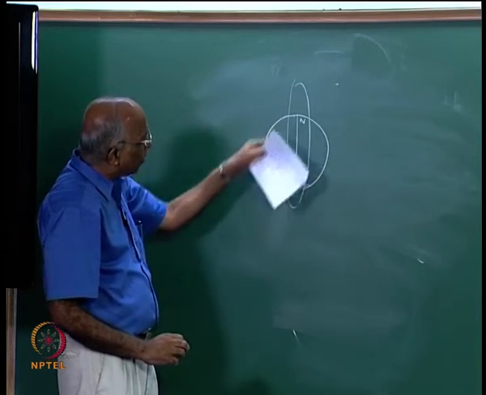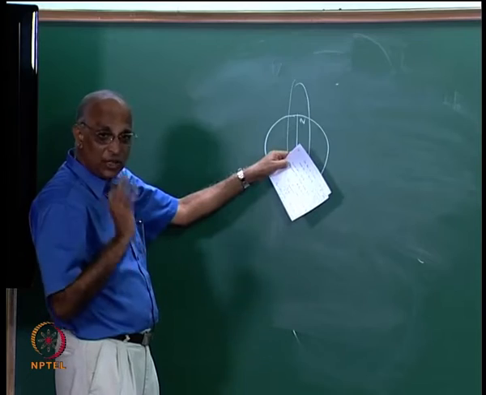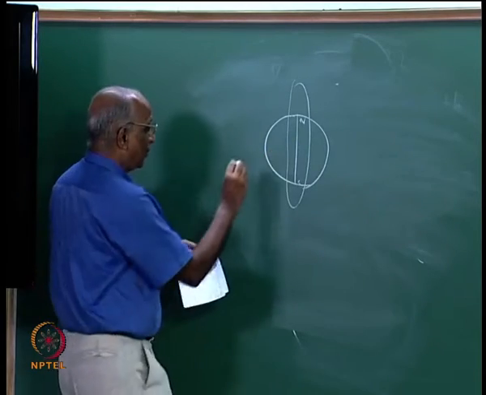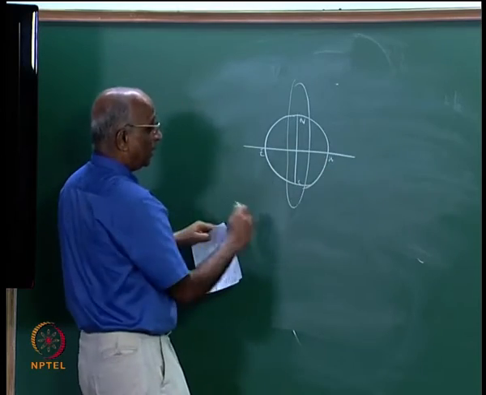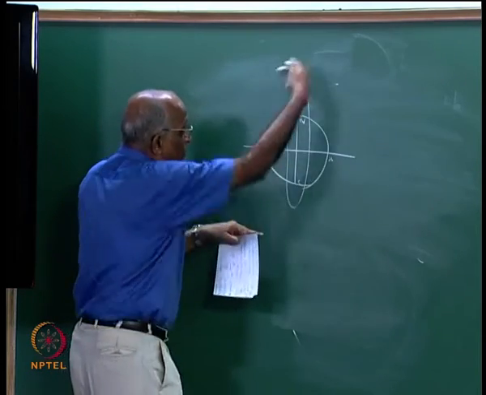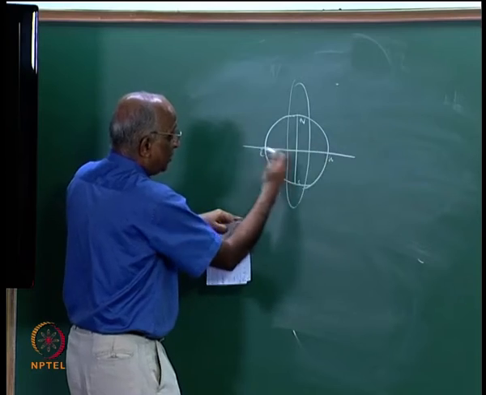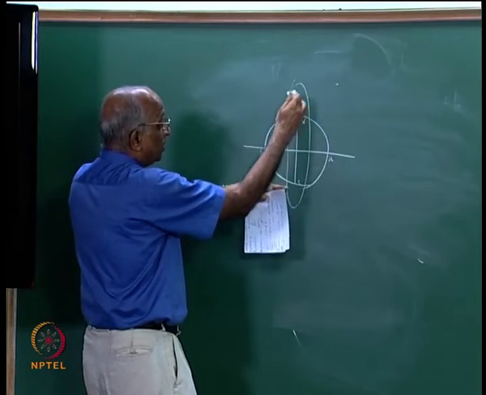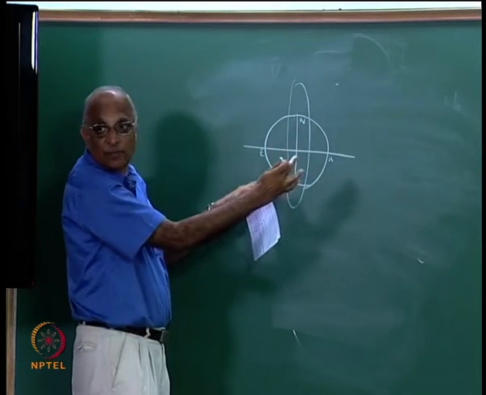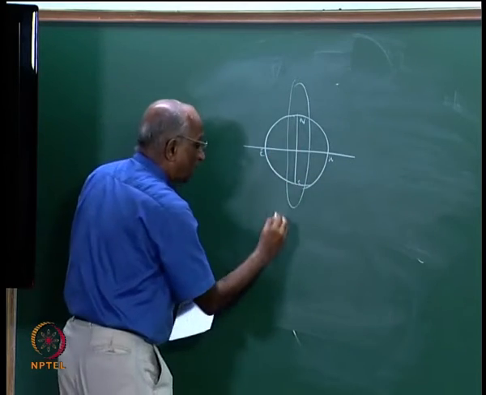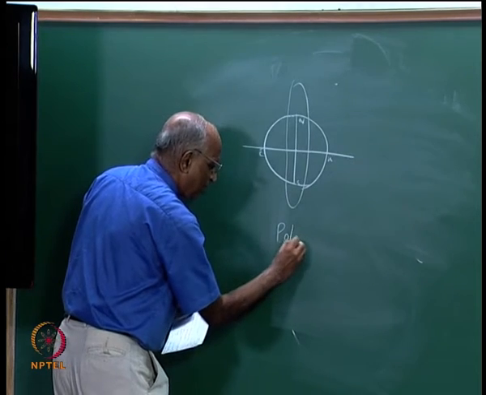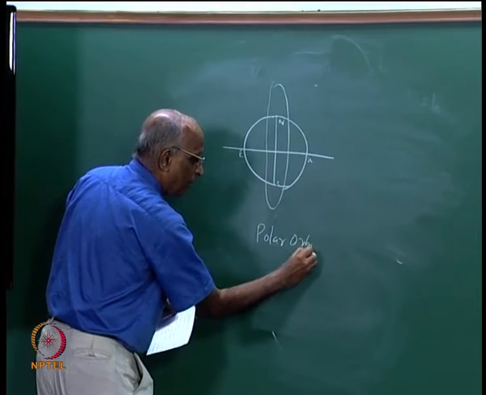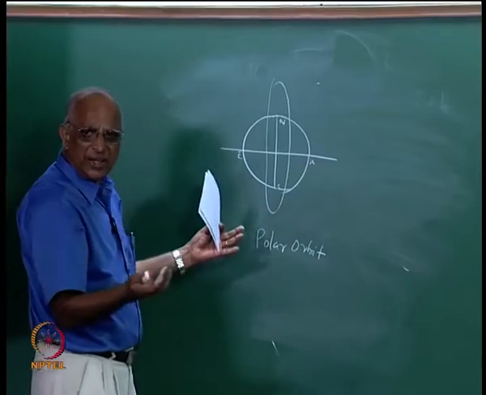If a satellite goes round like this in a circular orbit, we are still talking of circular orbits, and the earth is rotating from east to west, then as the earth rotates, this particular satellite can see all parts of the earth. Therefore, this going from pole to pole, that is the north pole to south pole, is known as a polar orbit. The equations are exactly identical.